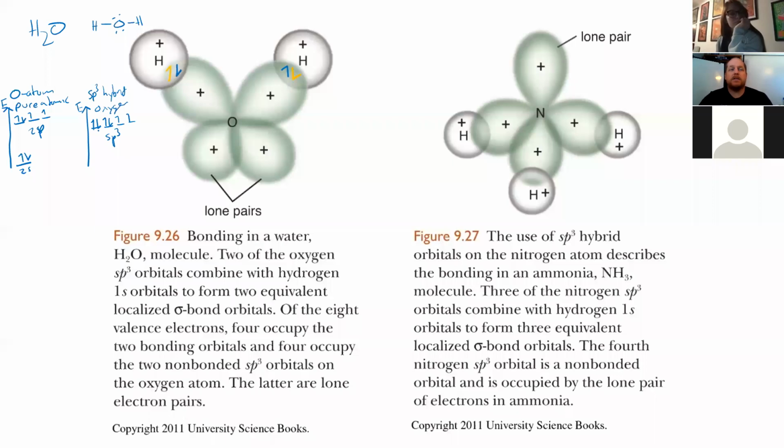But I've also got these 2 lone pairs of electrons. 2 of those sp3 orbitals each have a lone pair of electrons in them. So you can think about these as being lone pairs of electrons in those 2 sp3 hybrid orbitals, and those electrons are pushing on the electrons in the bonds in our VSEPR theory.